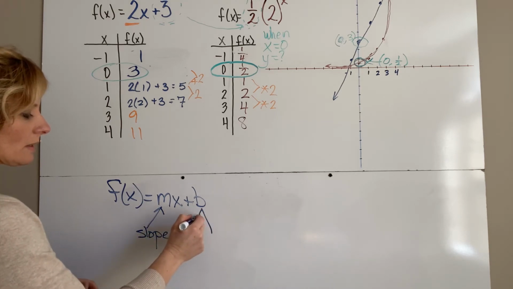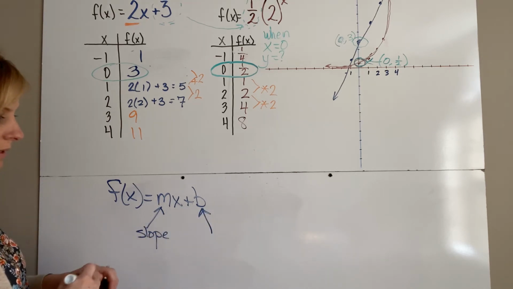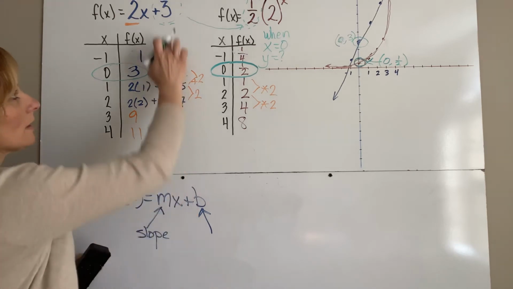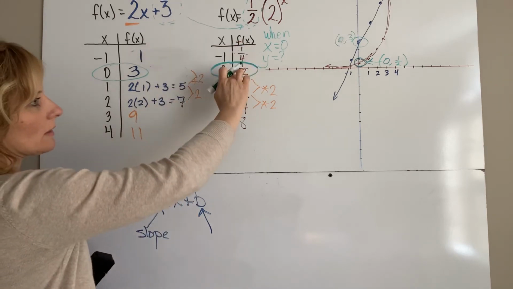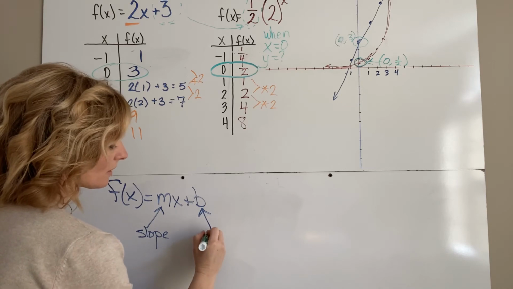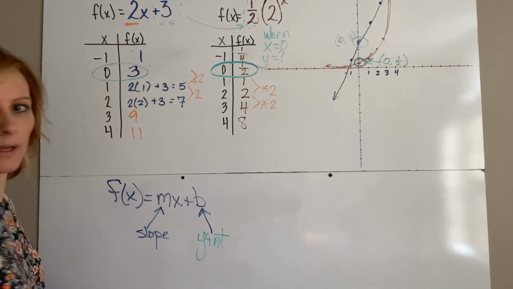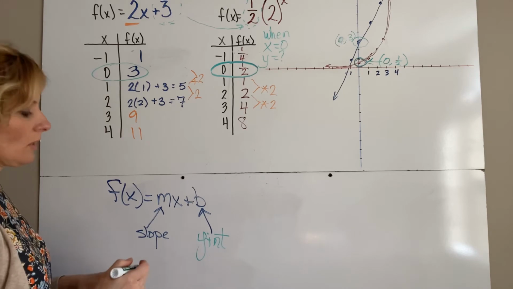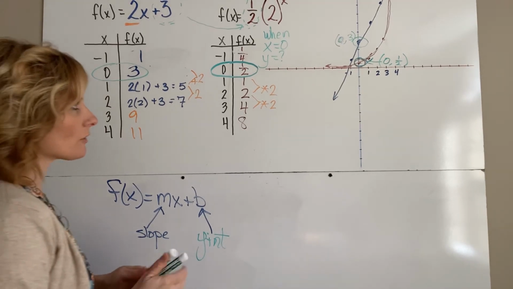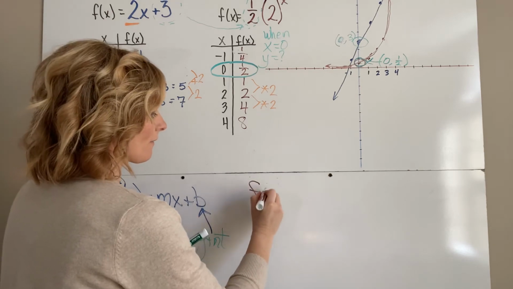You guys remember? Yeah, we just did it. Look up on the board, see where it is. What is that piece? This 3, what is it? It's our y-intercept. Right, the y-intercept, okay?